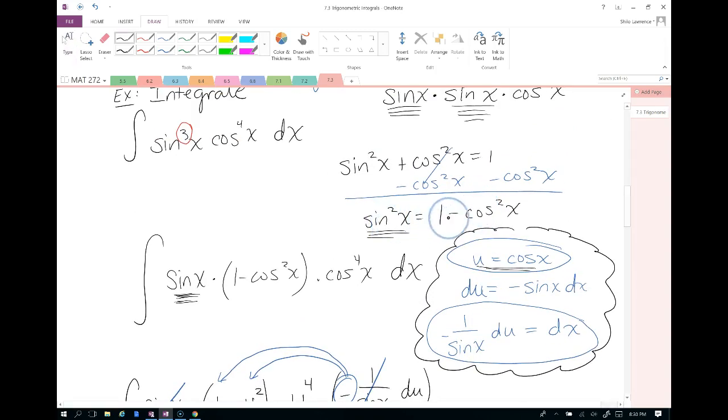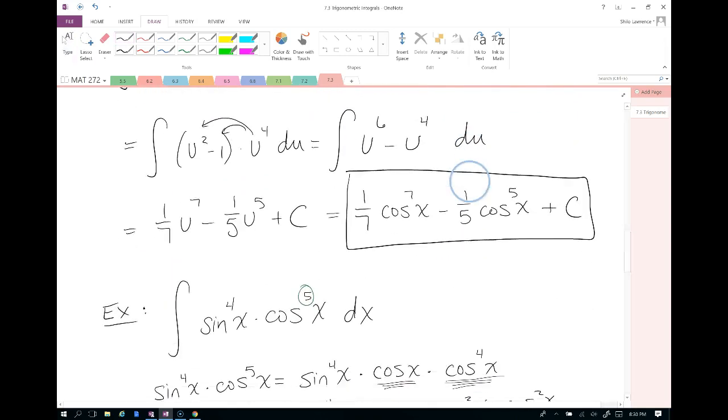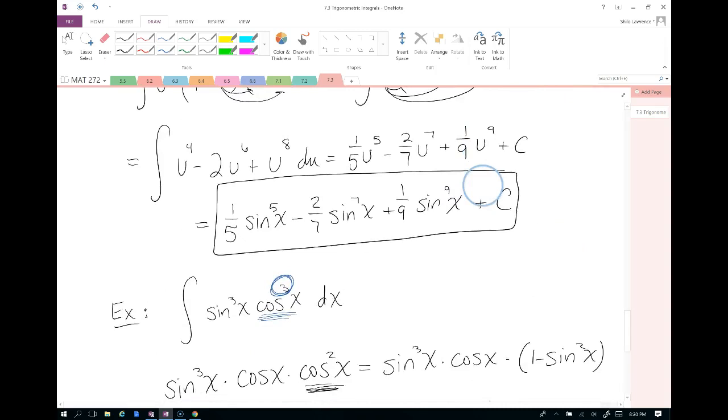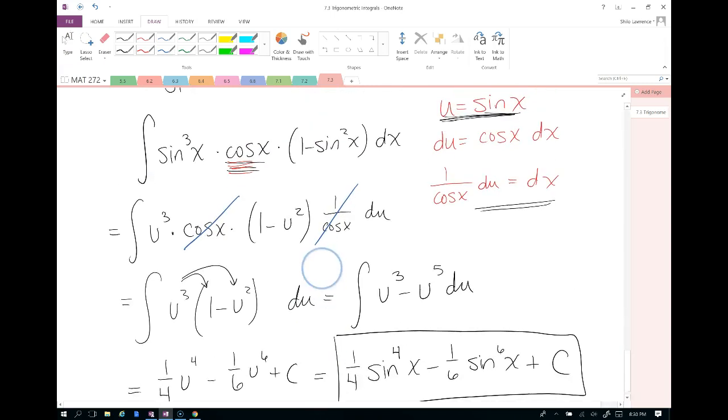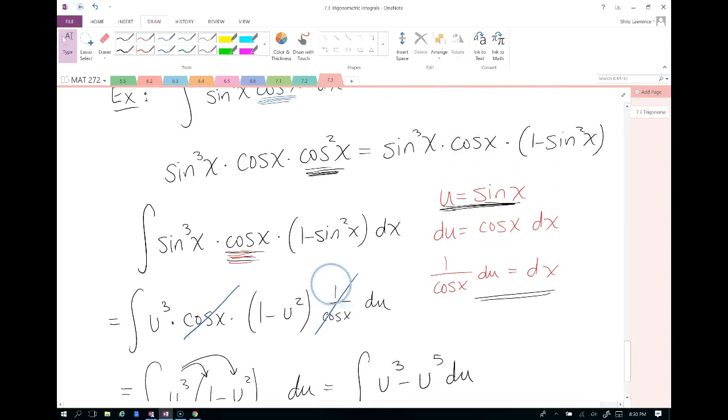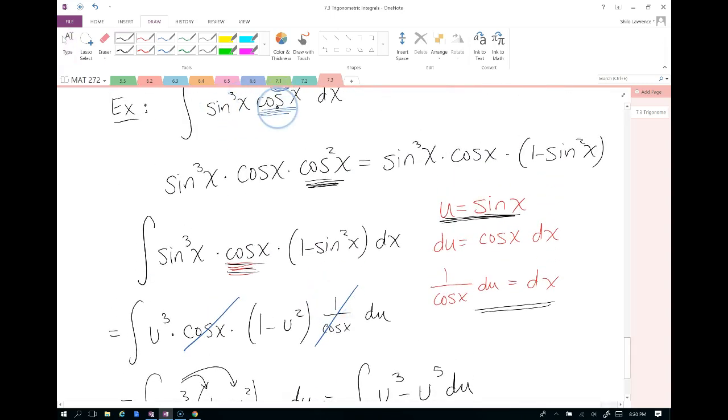Remember, sine squared is equal to 1 minus cosine squared, and vice versa. Cosine squared is equal to 1 minus sine squared. So it is possible to get an equivalent answer that has cosines in it. So there is a second correct answer for this problem, since both of our powers to start with were odd, and I just kind of arbitrarily chose cosine to split apart.